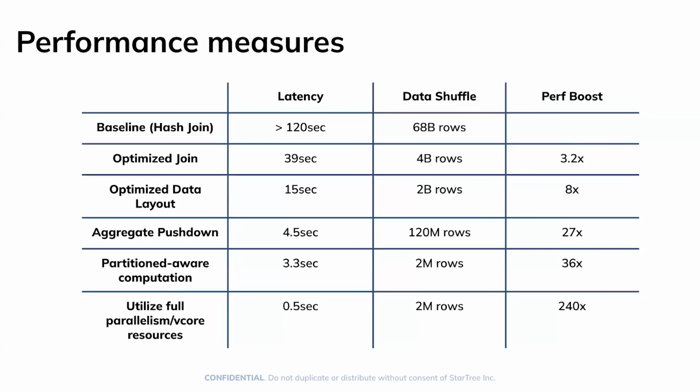Like locating table data on the same servers is one example that you provided. Are there any other examples or recommendations in terms of placing the data or providing hints to the queries to achieve better performance?